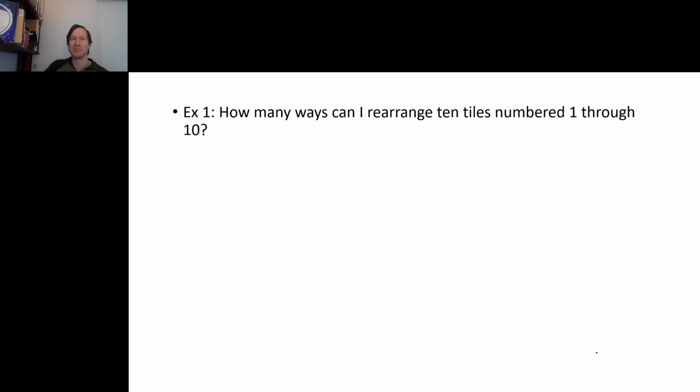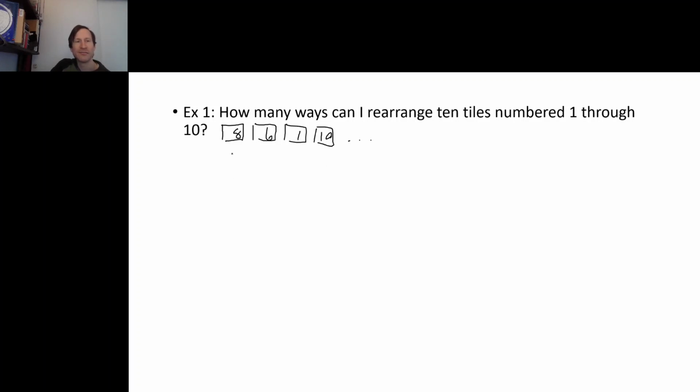Let's look at some other examples. How many ways can I rearrange 10 tiles numbered 1 through 10? So imagine laying out a bunch of tiles, say your 8 tile, and then your 6, and then your 1, and then your 10, and so on. How many ways are there to do this?